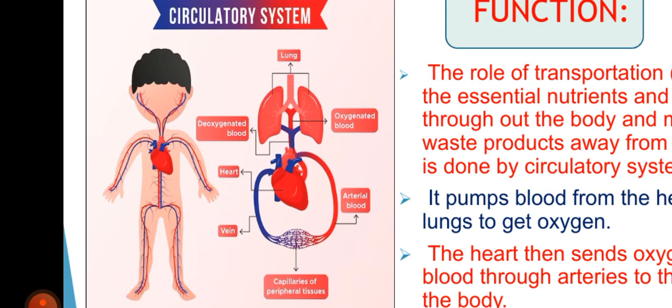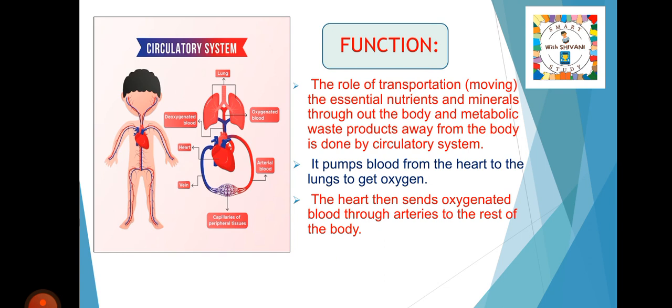Oxygenated blood is carried from the lungs to the heart to the rest of the body, and deoxygenated blood is carried from the body to the heart, finally to the lungs. The heart then sends the oxygenated blood through the arteries to the rest of the body, and the veins carry oxygen-poor blood back to the heart. So basically it is a loop in a circular form.